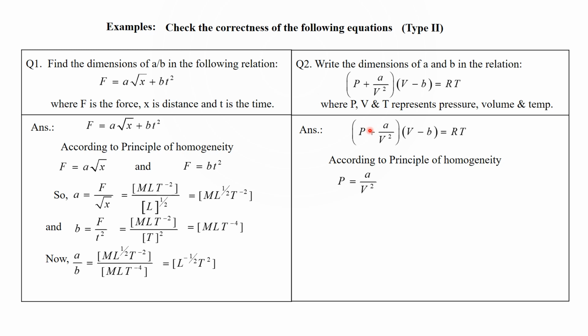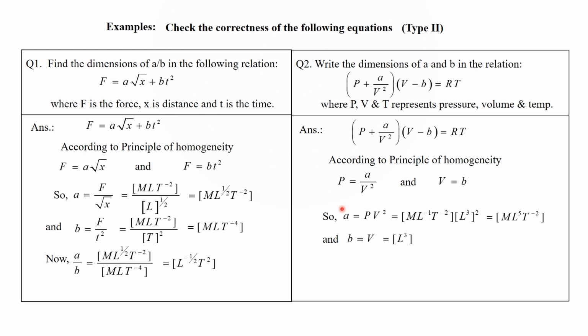So can I write P is equal to A over V square, where V is volume here, and can I write V equal to B? So let's put A equal to PV square. Put the dimensions of P and V, and on solving we are getting ML^5T^-2. Similarly for B equal to V, which is equal to L cube.